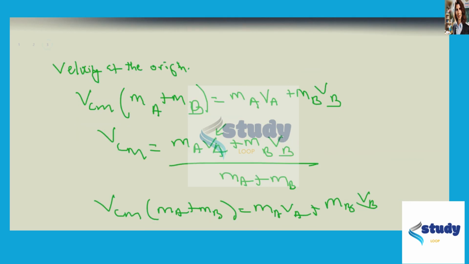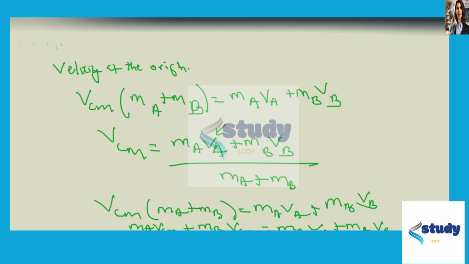So coming back to this, we get to see using distributive property, MA VCM, velocity at center of mass, plus MB VCM equals MA VA plus MB VB. Going to the next page, we're going to simplify the problem because our target is to get VA. So we put the MA's, we get the VA, we put it by itself.